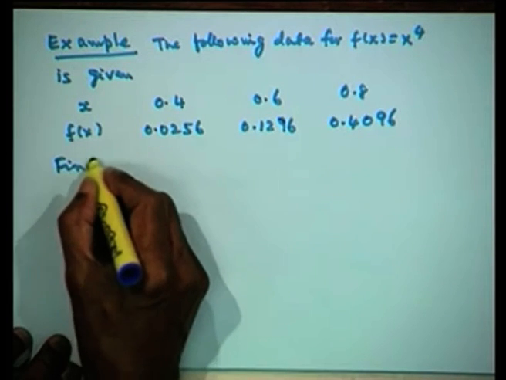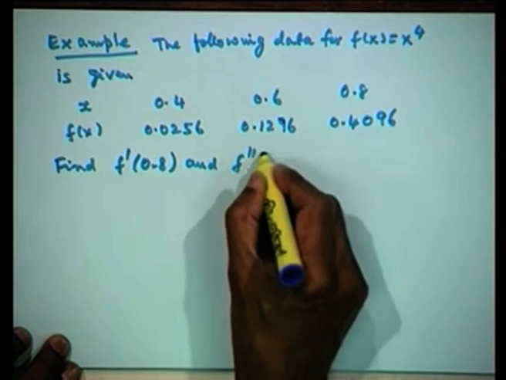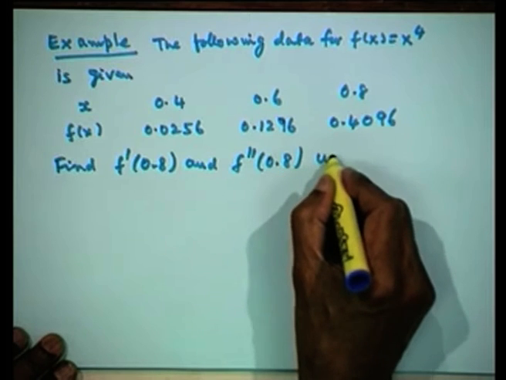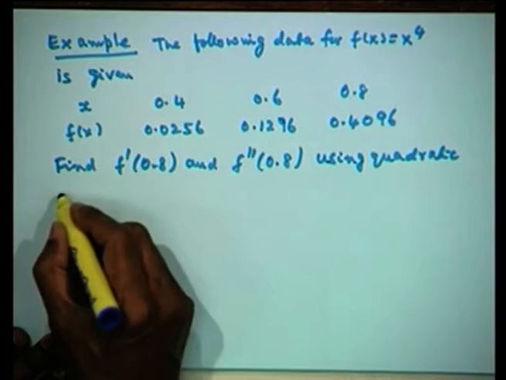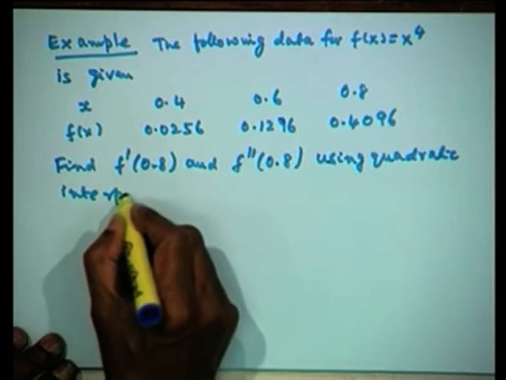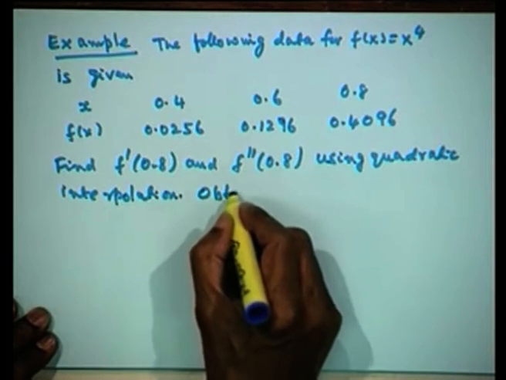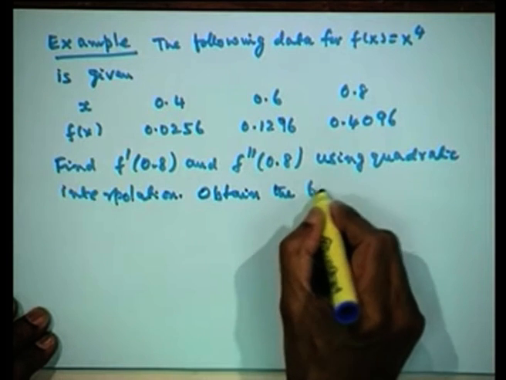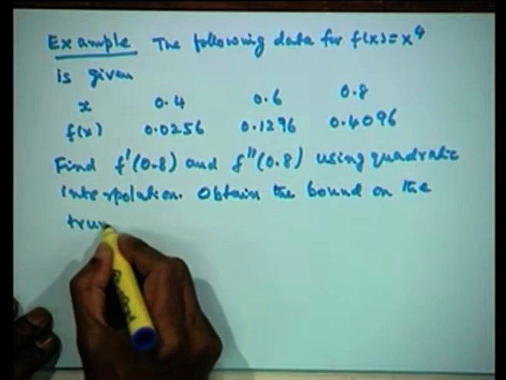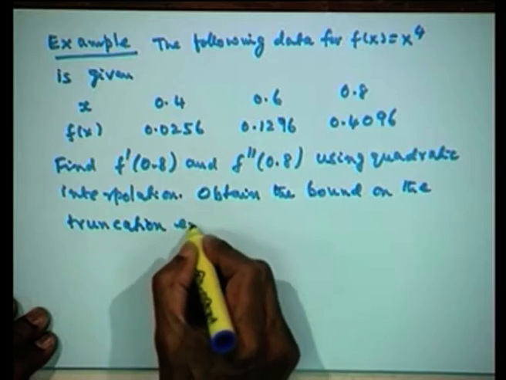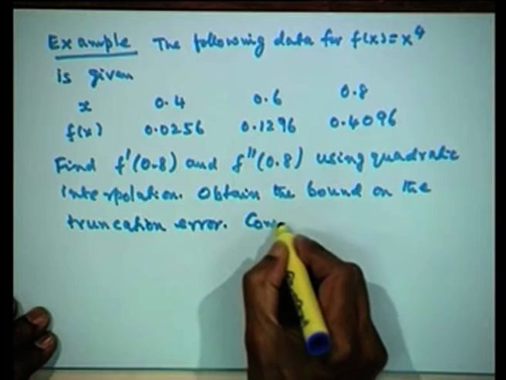Find f dash at 0.8 and f double dash at 0.8 using quadratic interpolation. Obtain the bound on the truncation error. And since the exact solution is given, let us compare with the exact solution also.